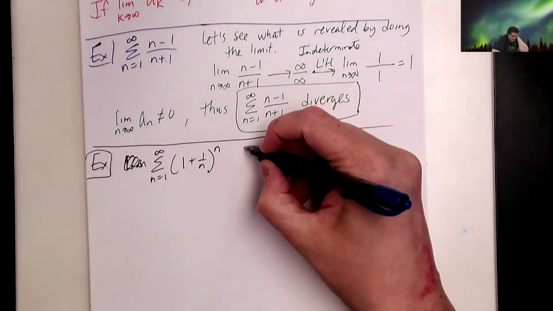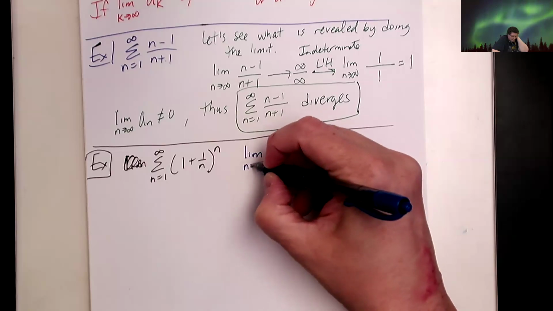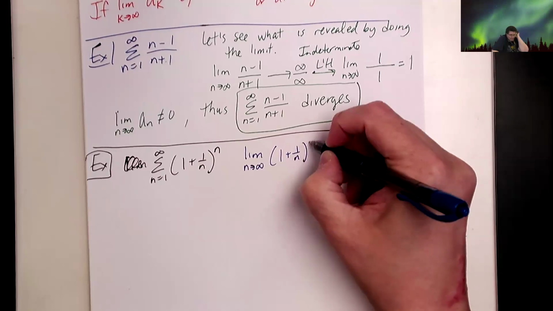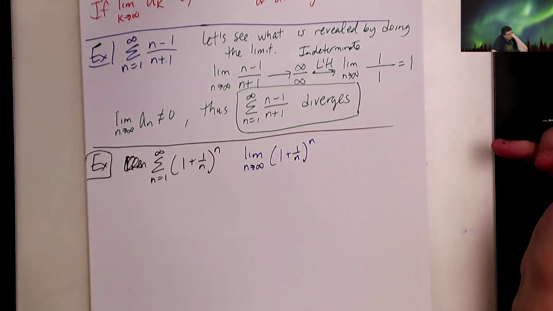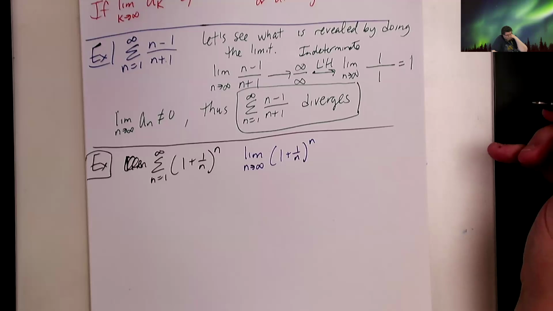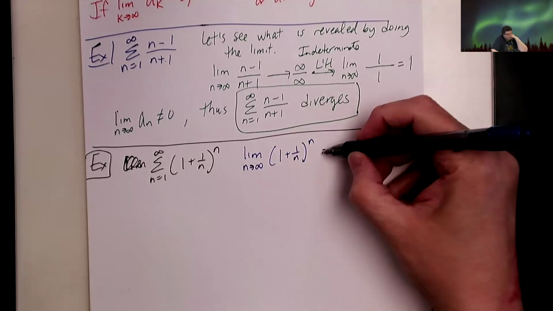Let's take a look at the limit again. The limit as n goes to infinity of 1 plus 1 over n to the n. What does that equal?